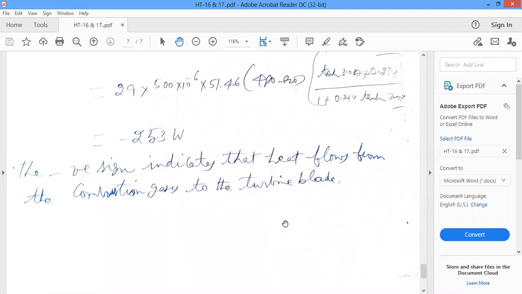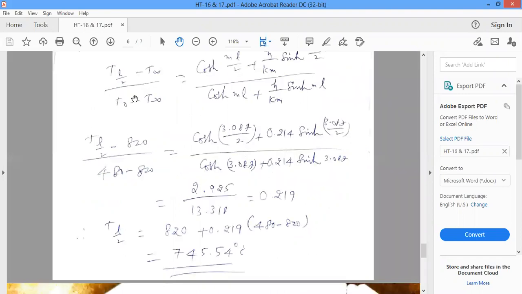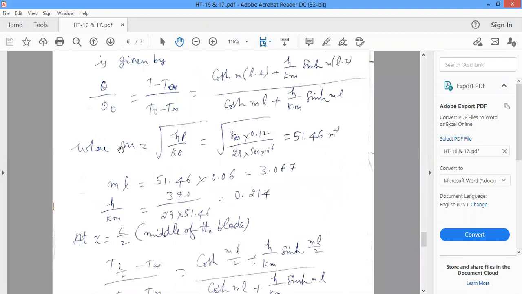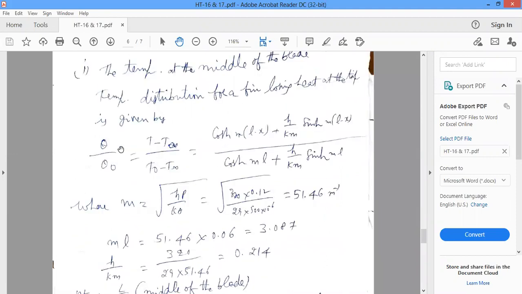For the short fin case, what are the boundary conditions? At x equal to 0, T is equal to T naught, that is, theta is equal to theta naught, which is T naught minus T free stream. That is the first boundary condition. For the short fin, what is the second boundary condition?